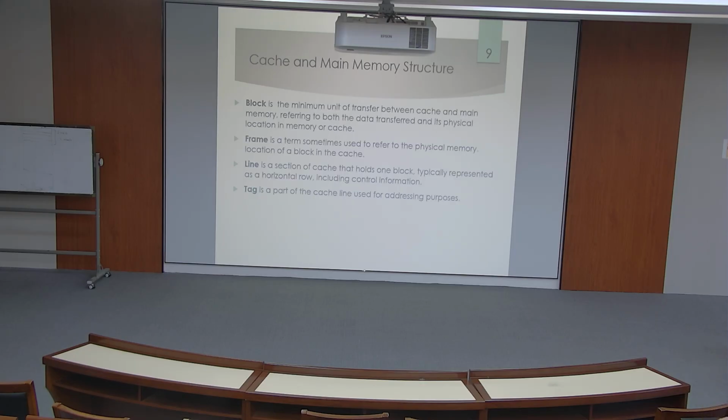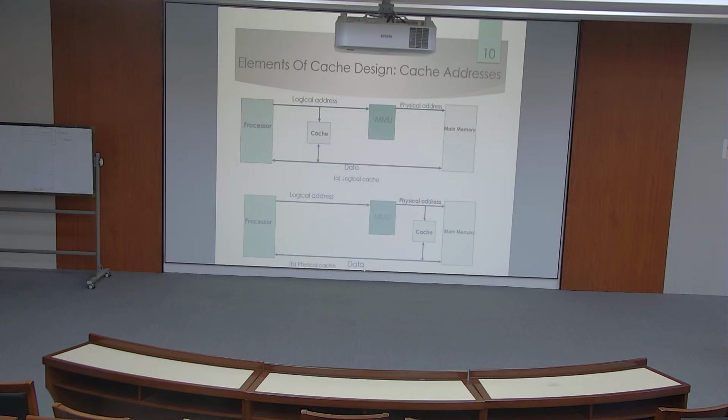Now we have elements of the cache design. We have two different features. One is logical cache, and the other one is physical cache. So in the first feature, we have the cache memory, which is in between the processor and the memory management unit, and in the second feature, the physical cache, it is placed between the memory management unit and the main memory.